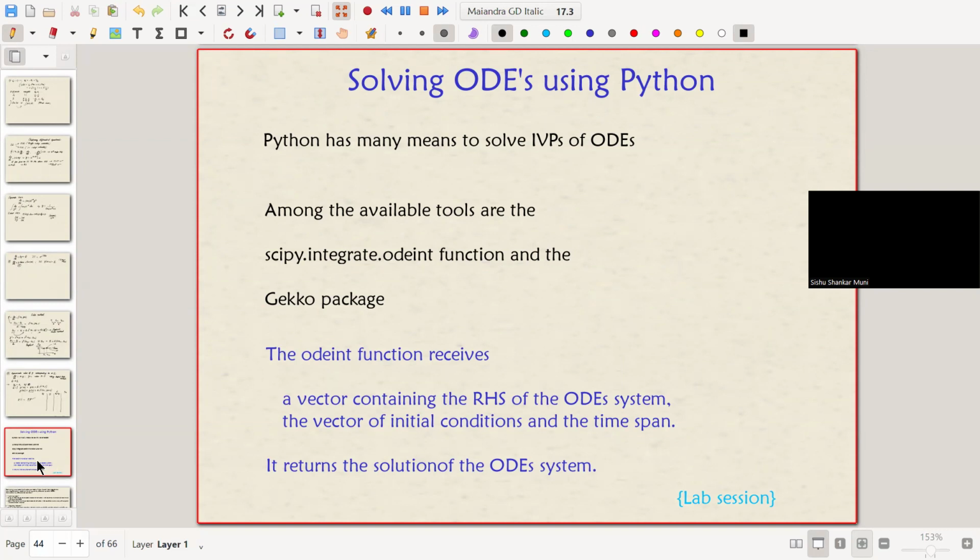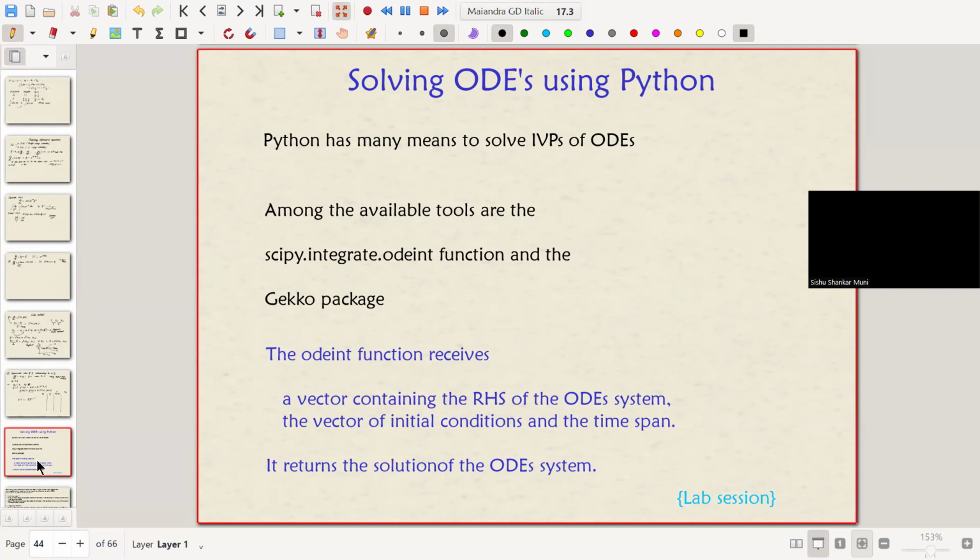How many have heard of Gekko? You will see this very often; I will try my best to cover optimization in this course, and you will see it in some optimization codes. So this is one of your projects: you will solve an ODE using the package Gekko.